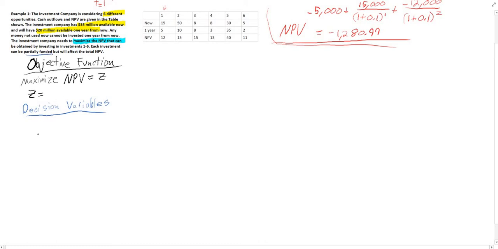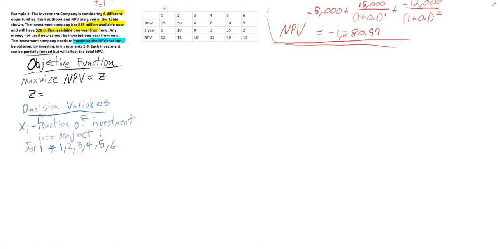So our decision variable is going to reflect that it can be a fraction of investment into project i, with i representing investments 1, 2, 3, 4, 5, and 6.